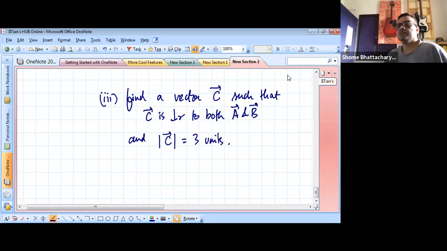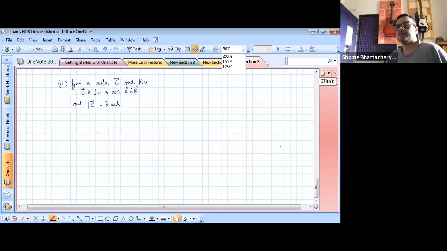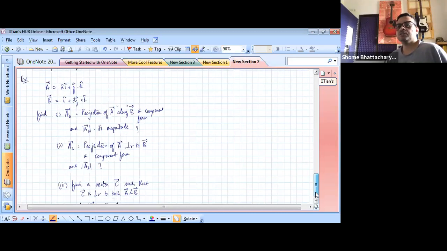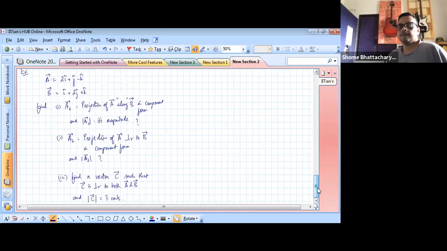So this is what we have to calculate in this particular question. Just minimizing the question for you. So think carefully about each of the parts of this question. Okay. Just take your time. Think carefully about each of these parts.